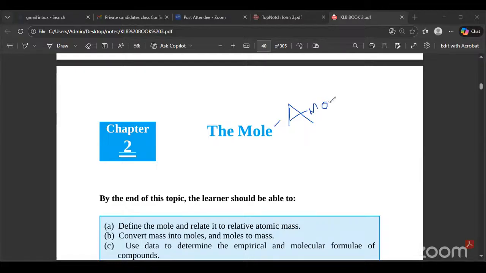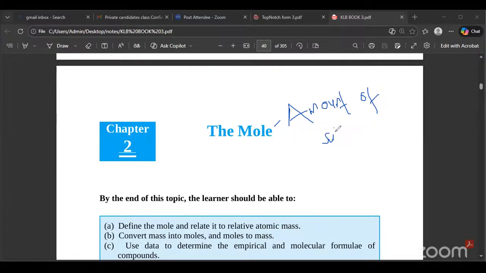Now that we are talking about chemistry, we will be very specific about that amount of substance. But for universal purposes of definition, the mole is the unit used to measure the amount of substance.